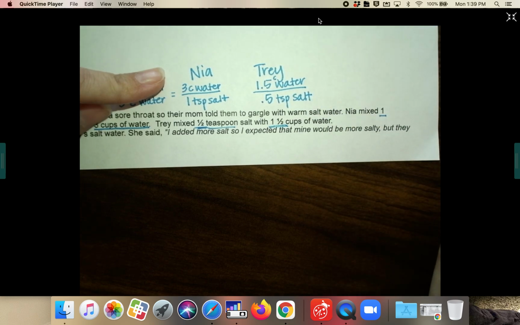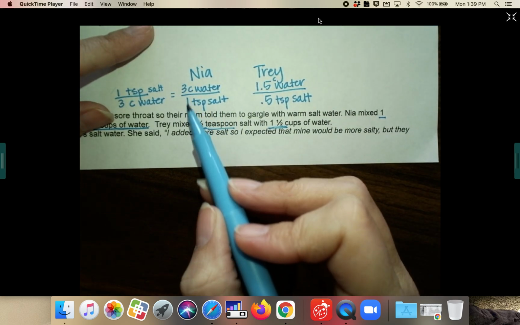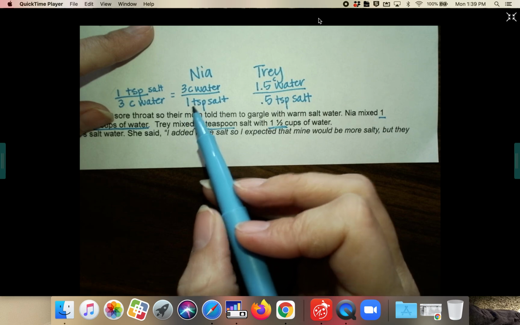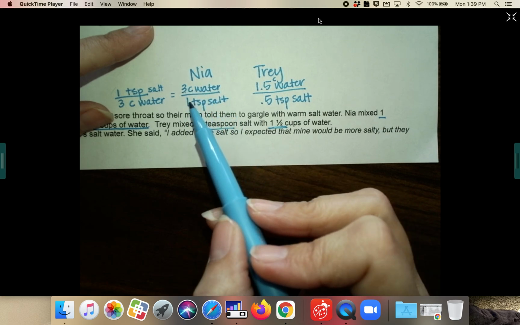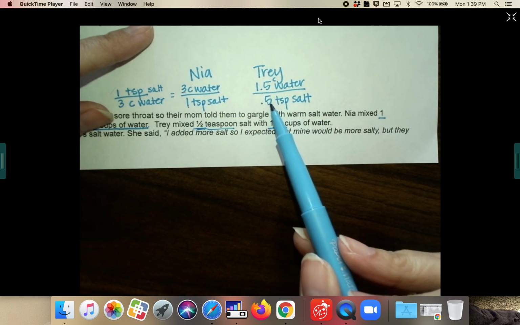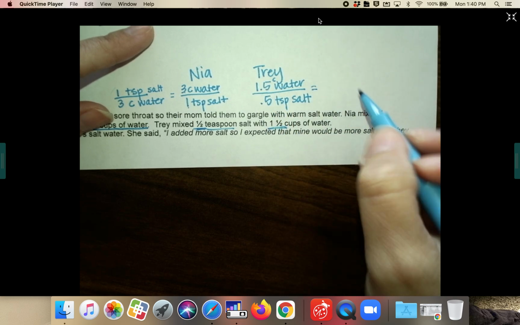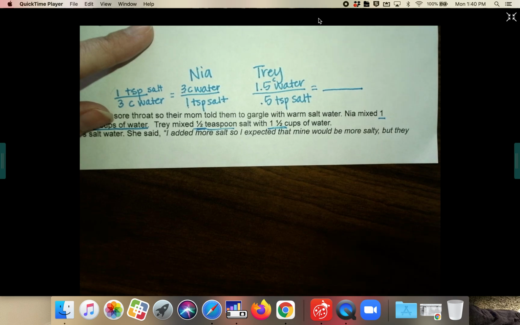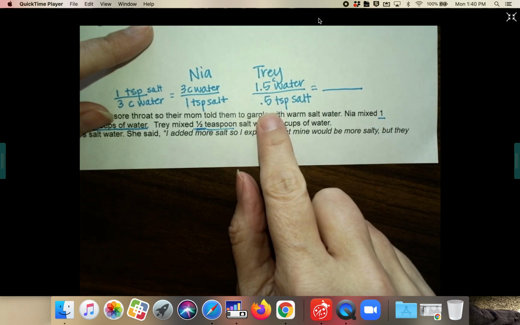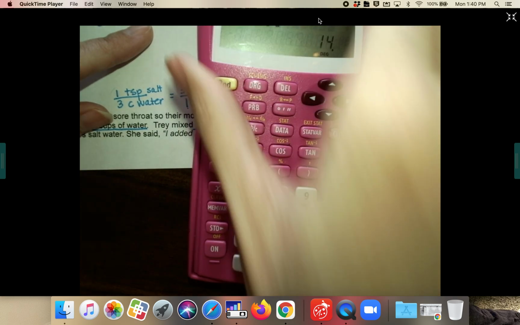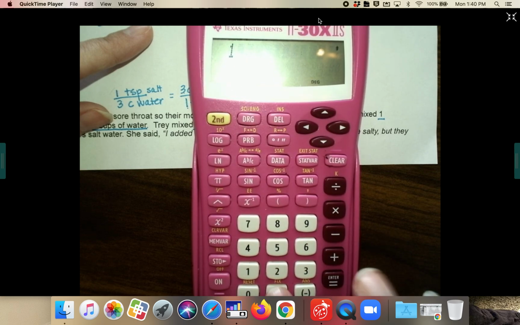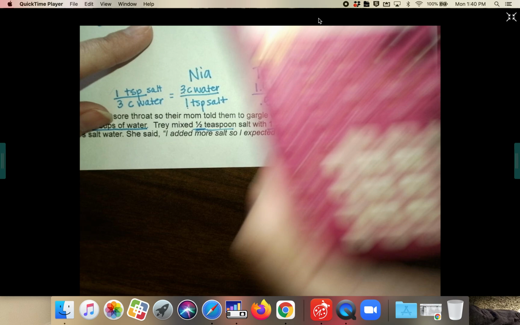Okay, this one is already in unit rate because it's 3 per 1. This one is not per 1. I need to divide these out so that it equals per 1, and then we'll see what we get. So I'm going to take 1.5 and divide by 0.5. 1.5 divided by 0.5 is actually 3.